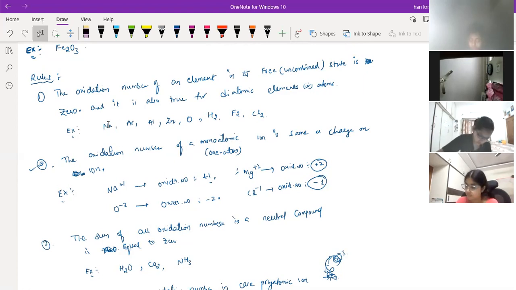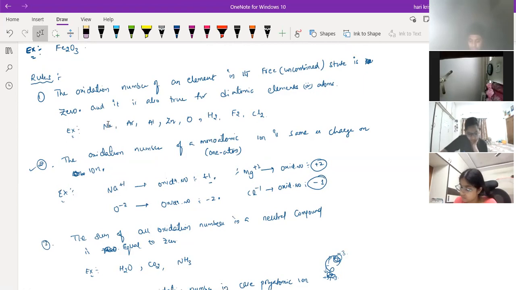So the oxidation number of an element in the free state is always 0, like H2, F2, Cl2, these are free state. Second case, the oxidation number of a monoatomic ion is the same as the charge on the ion. Suppose you take Na+1, then the oxidation number of Na+1 is always +1.